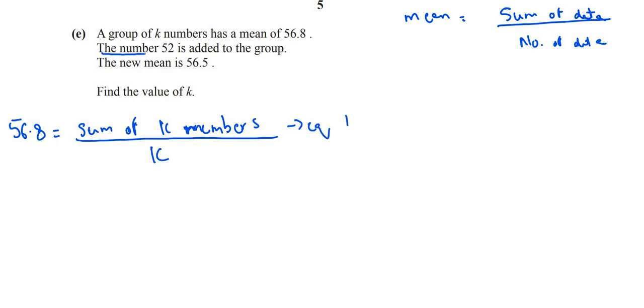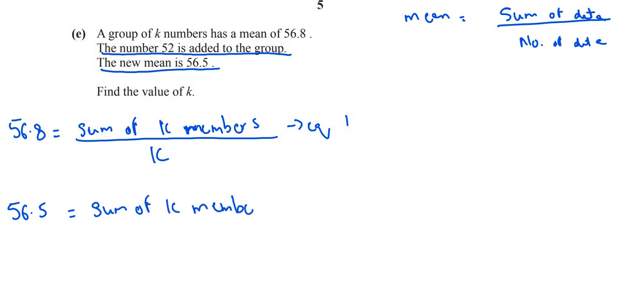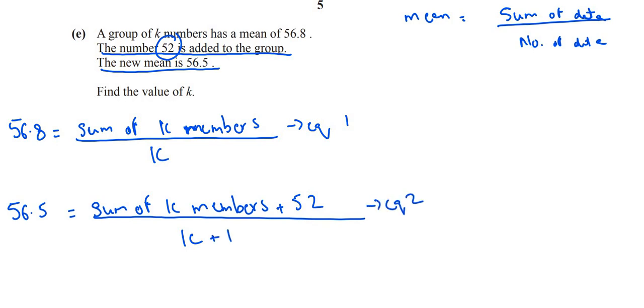Second equation says the number 52 is added to the group. The new mean is 56.5. So write 56.5 is equals to sum of k members, but now we added a new number which is 52. So we will do plus 52, divided by k, and because we added a new member, one more member, so that's k plus 1.